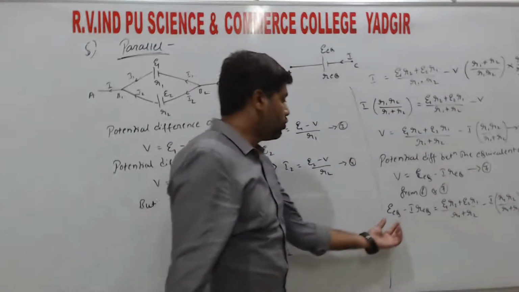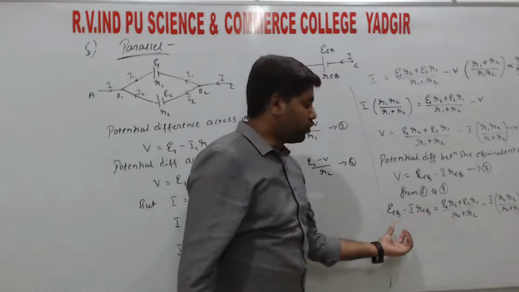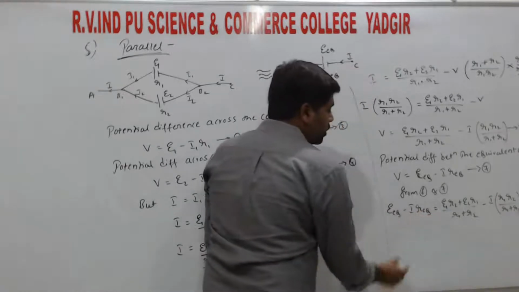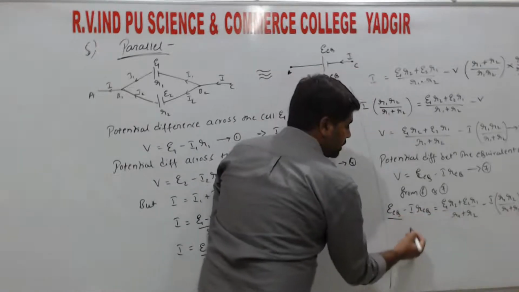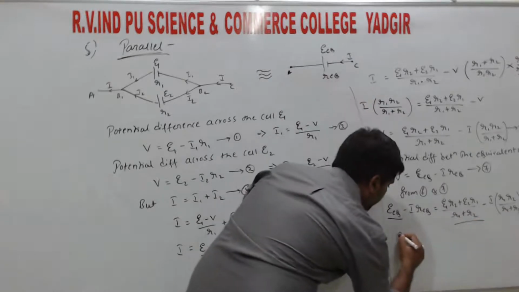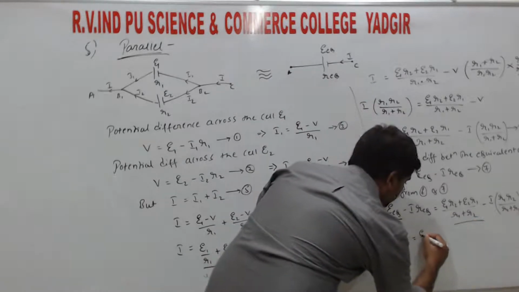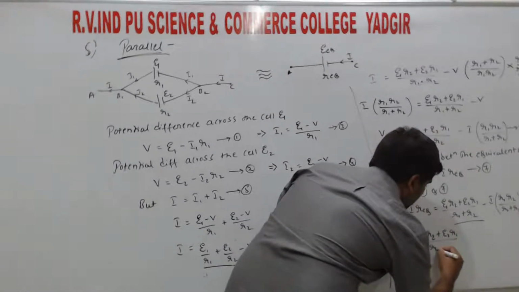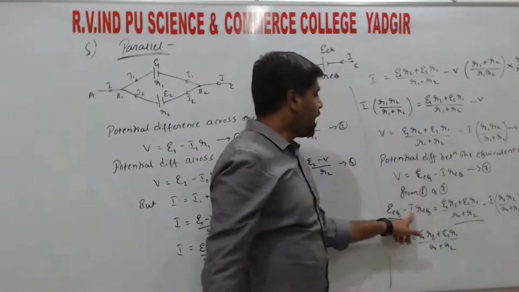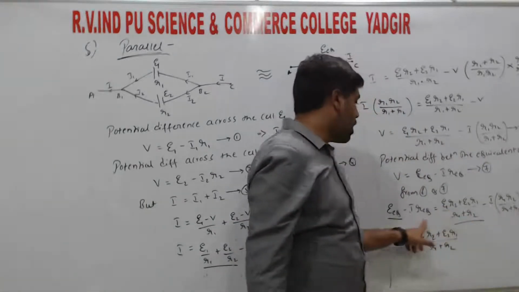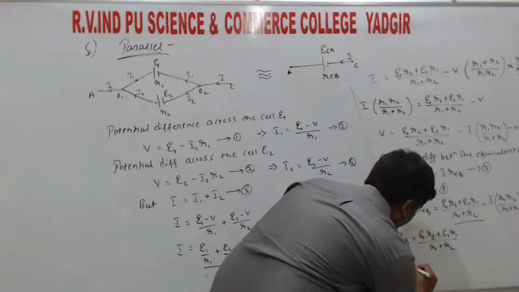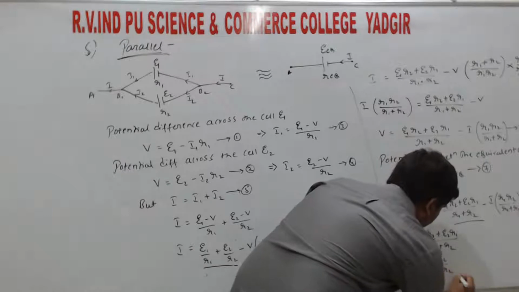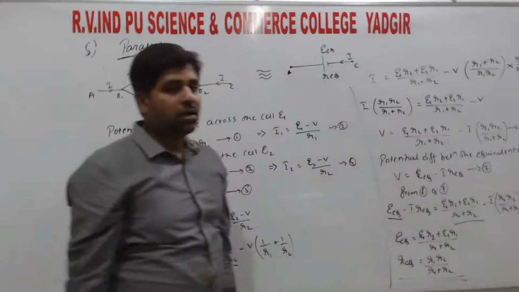What we need is E equivalent and R equivalent: the EMF of the equivalent cell and the internal resistance of the equivalent cell. Since LHS and RHS are equal, in place of E equivalent we write E equivalent equals E1 R2 plus E2 R1 by R1 plus R2. The I remains as is, so R equivalent equals R1 R2 divided by R1 plus R2. So this is the final expression.